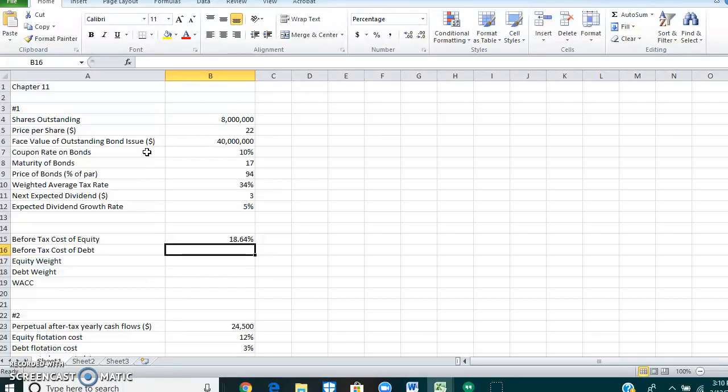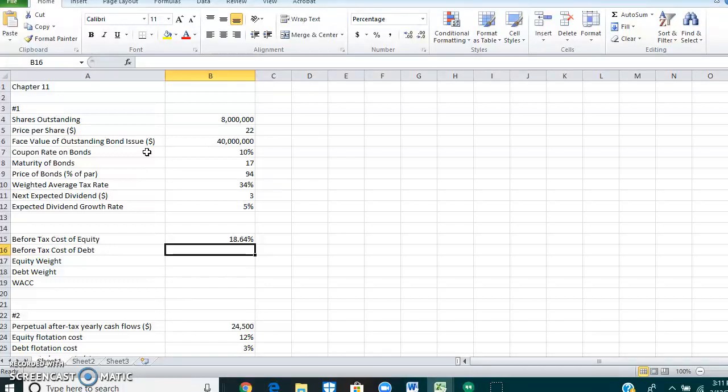Before tax cost of debt has a few more factors, and we'll use a formula because that is what your assignment asks you to use. Keep in mind that there are commas and negatives and things that can trip you up if you're not careful, so I'll go slowly on this one.